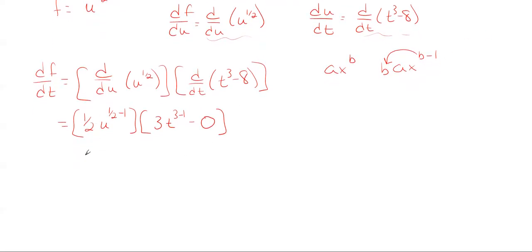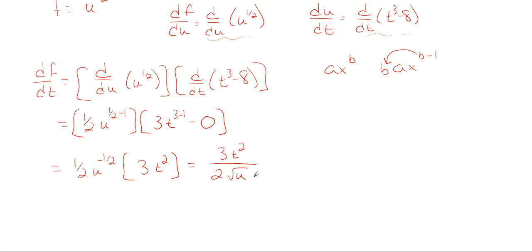So simplifying this down a little bit, what I have here is 1/2 u to the minus 1/2 power, all of that times 3t squared, which if you want to write this out, you can write it as 3t squared divided by 2 square root of u, since the minus 1/2 power is a square root being divided. So it'd be square root in the denominator.